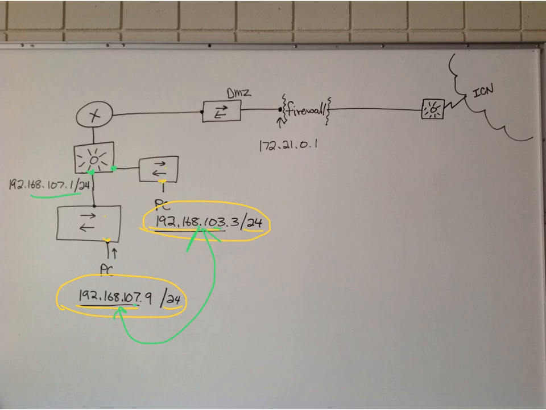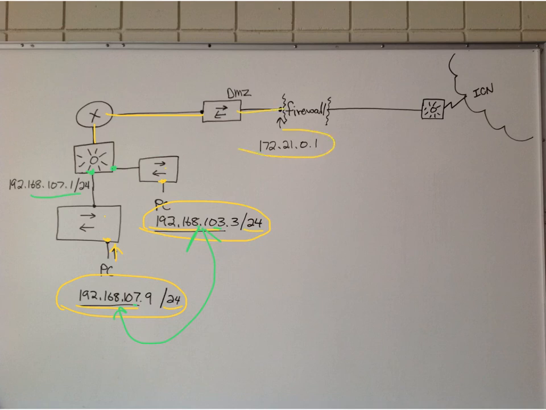And as soon as you put that PC on, the switch records the source MAC address inside there. Then this is connected to a router. The router is connected to the DMZ switch, which then is connected to the firewall.